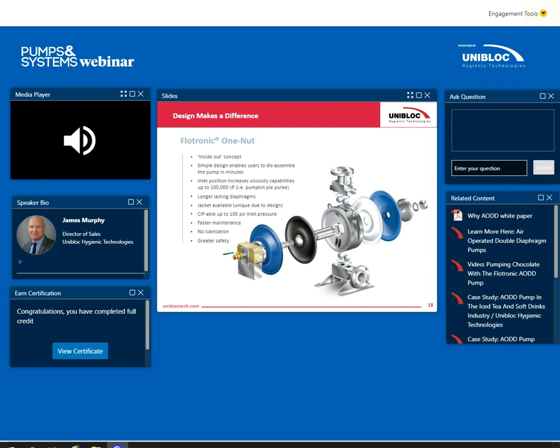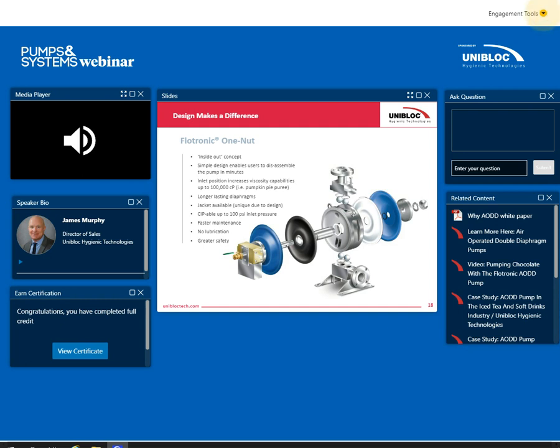The next one asks, how long should an AODD pump last before it needs to be serviced or replaced? Yeah, it's a good question. As we know, all applications are going to yield different results.